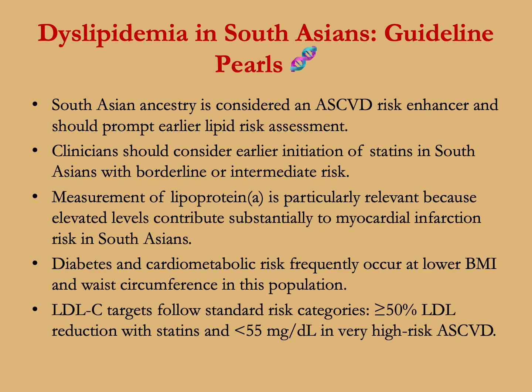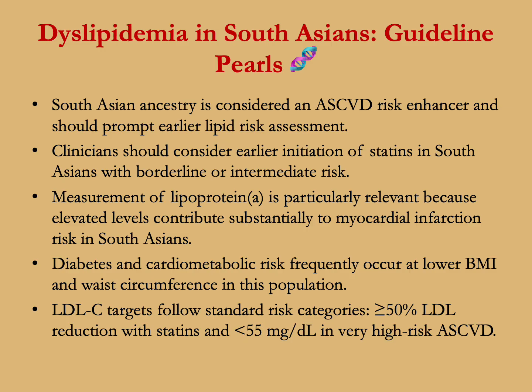So the key takeaways: South Asian ancestry is considered an atherosclerotic cardiovascular disease risk enhancer and should prompt early lipid risk assessment. Clinicians should consider early initiation of statins in South Asians with borderline or intermediate risk. Measurement of Lp(a) is particularly relevant because elevated levels contribute substantially to myocardial infarction risk in South Asians.